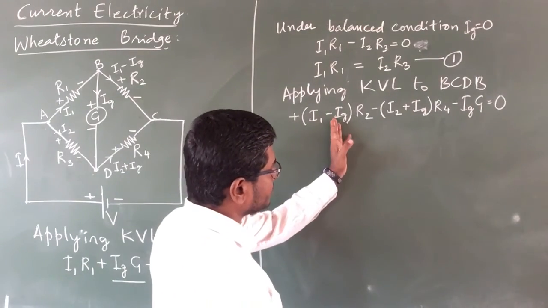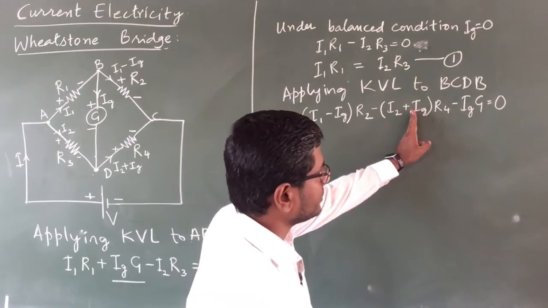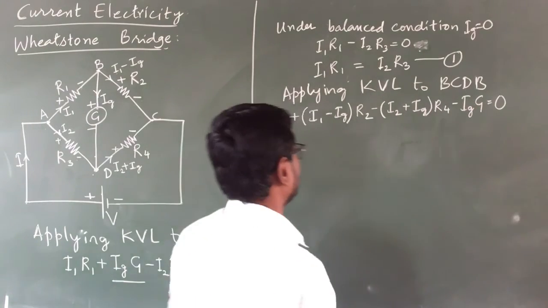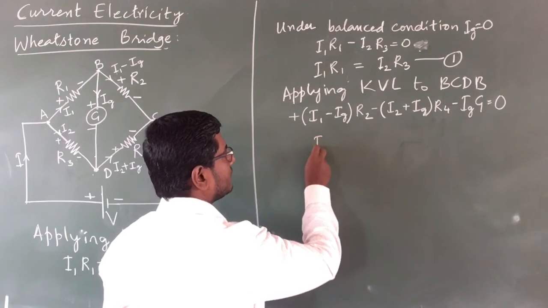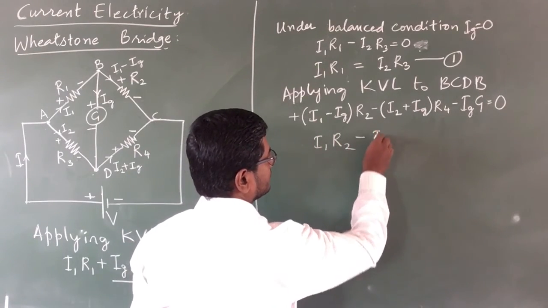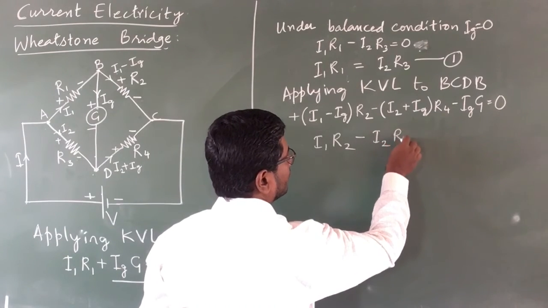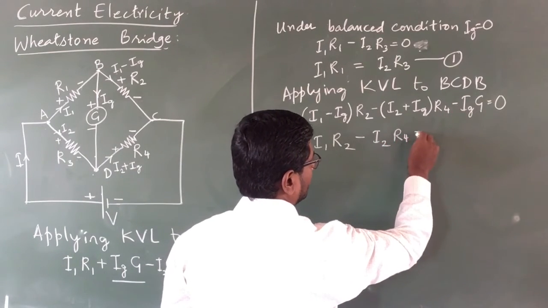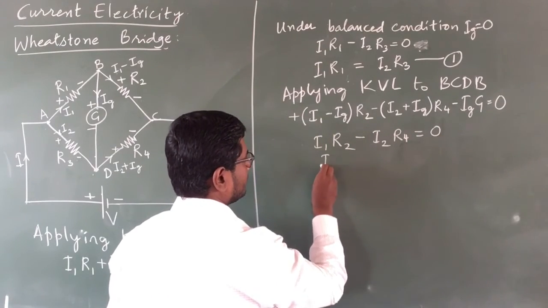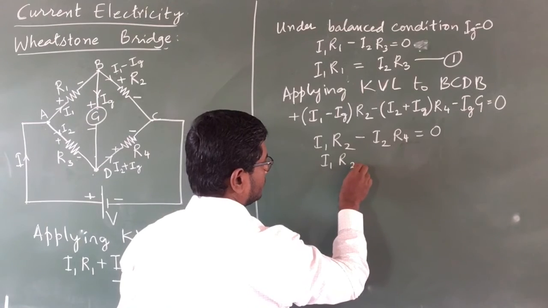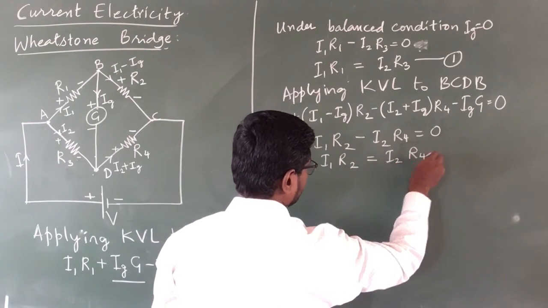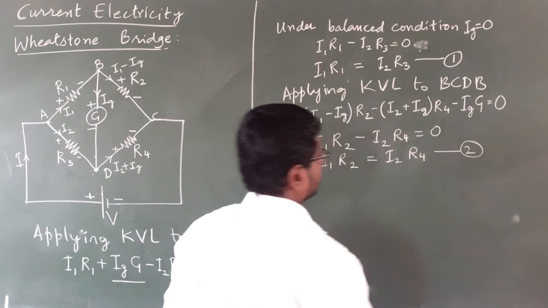So I can cancel this term, Ig is gone. Here also there is an Ig, that will also be gone. What is left here is I1 into R2 minus I2 into R4. That term is already gone, so I can take this as 0 and shift this term to the right hand side. It will be I1 R2 equals I2 R4. This is going to be my equation number 2.